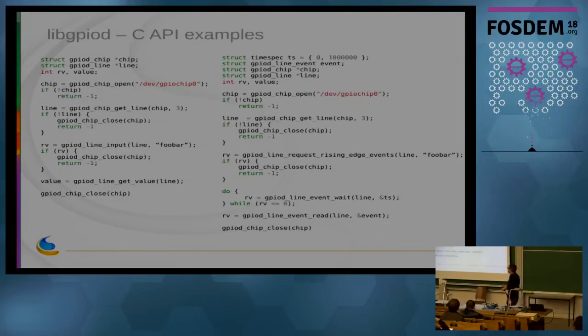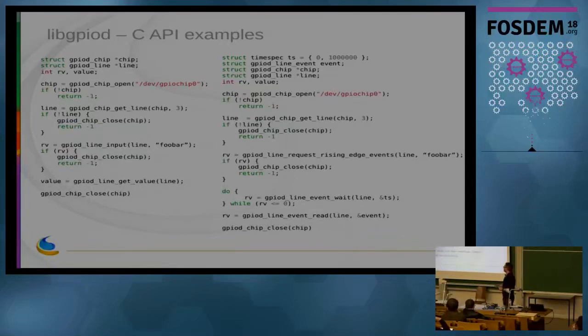These are a couple of examples of how libgpiod code looks. The names of these functions have changed in current Git master too, so they are no longer the same, but the idea is the same. You do a chip open, and you can not only open the device file by path, but you can look up the chip by its label or name. There are functions provided for that.